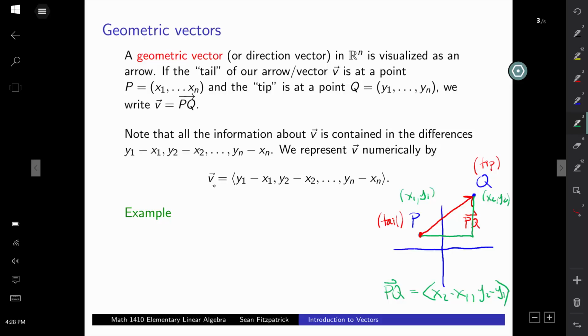And what these numbers are really telling us is how to get from the point P to the point Q. They're saying, okay, you start at this point x1, y1, and well, what does the first component, this x2 minus x1, what is it telling me? Well, one way to think about it is it says, okay, you start at a point that has a coordinate x1.